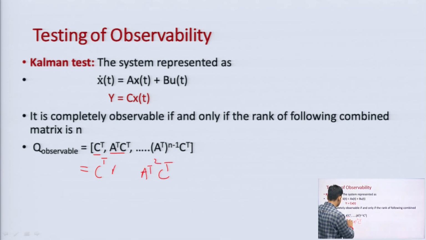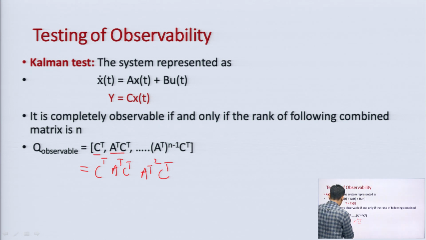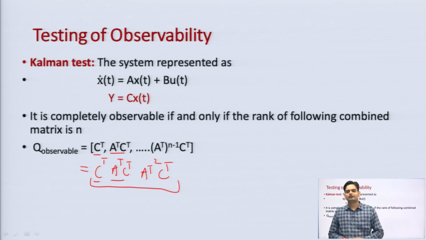This series goes on depending on the order of my A matrix. If my A matrix is of order 2 cross 2, I will calculate only 2 columns. If my A matrix is of order 3 cross 3, I will calculate all 3 columns. In this way we can determine the observability of any given system.